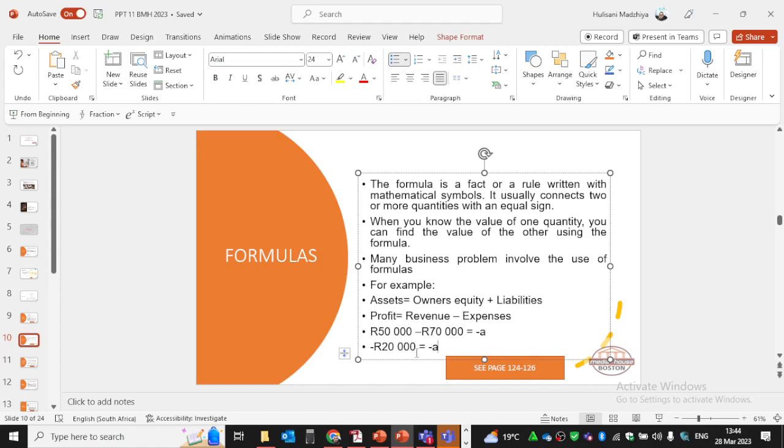So meaning that A is equal now to 20,000, meaning that the amount that you did not manage to record within your business is equal to 20,000. And you can try to look within to say, from all the things that I accounted for, what could be the possible thing that I did not account for that could be worth 20,000.